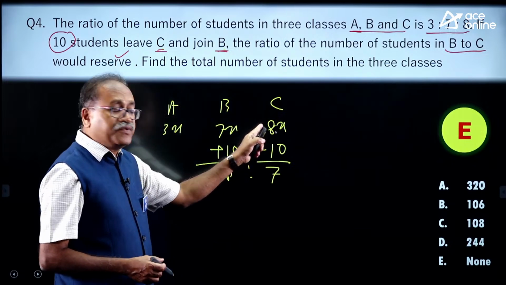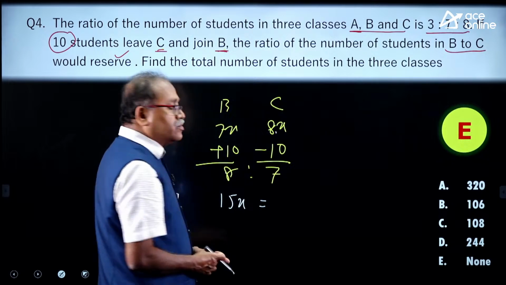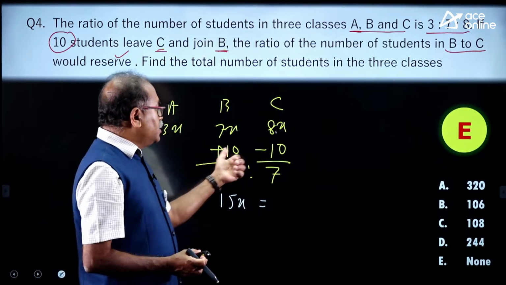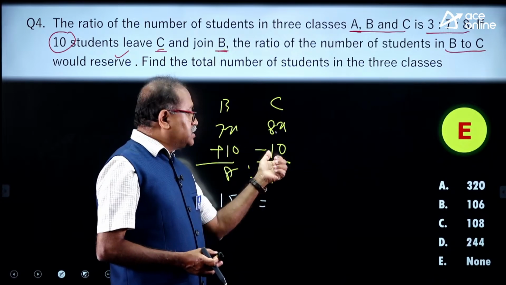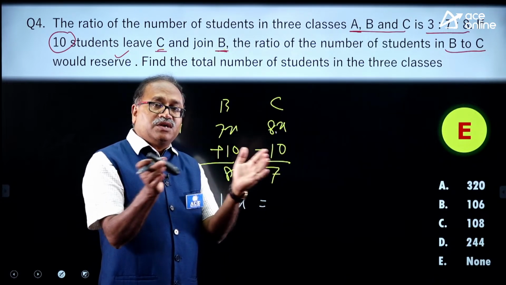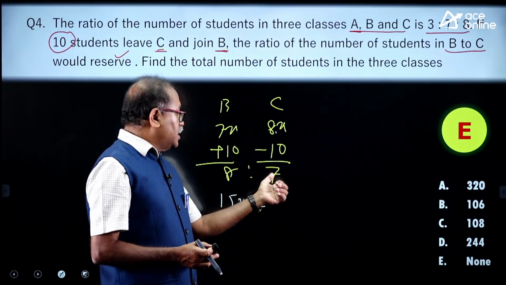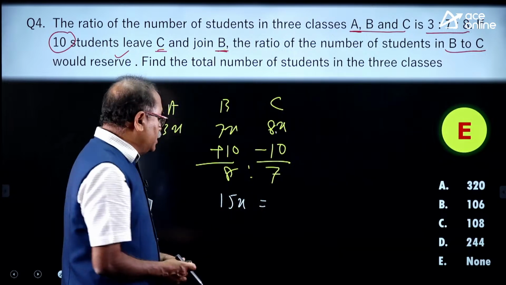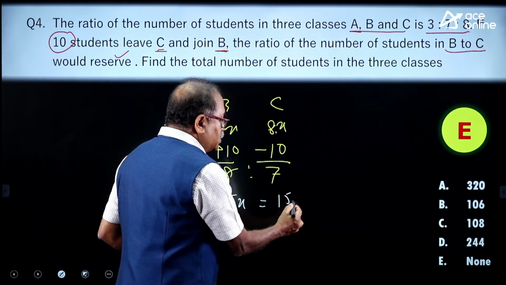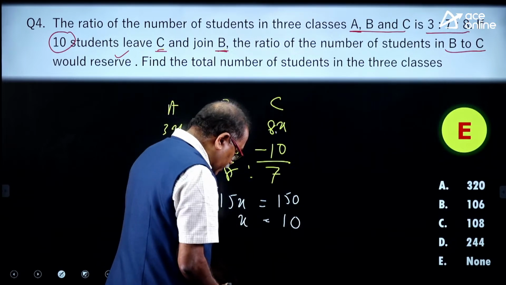The difference is 15. So I get 15x is equal to, now here it is 10, here it is 10. What is the sum? 15. This is plus, this is minus, so the difference will be added here. 7 plus 8 is 15, and 15 into 10 is 150. So 15x is equal to 150. That means x is equal to 10.